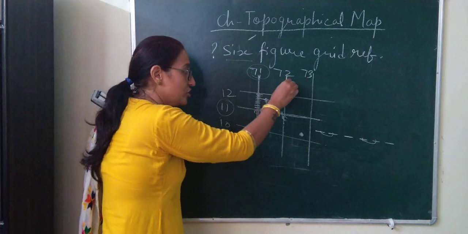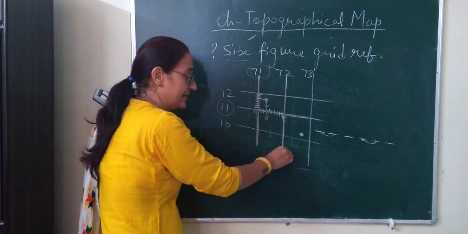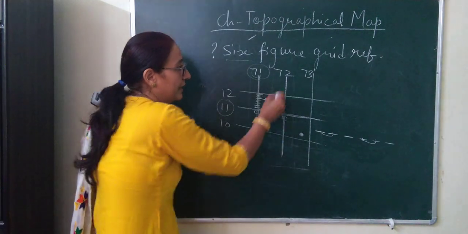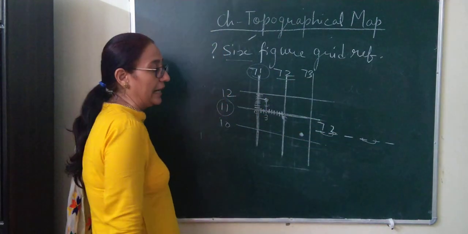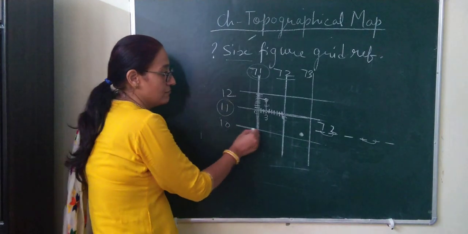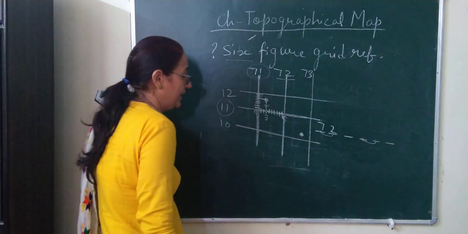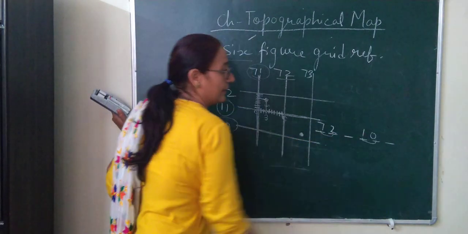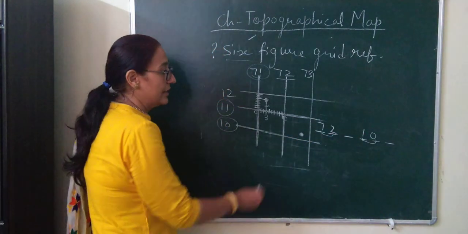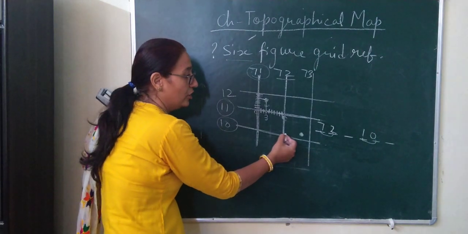So we have to check the west side easting line of this symbol, indicated with 72. 72 will come here, and then we have to check the bottom line of this symbol, this is northing, indicated with number 10.